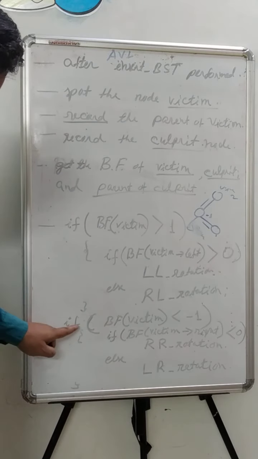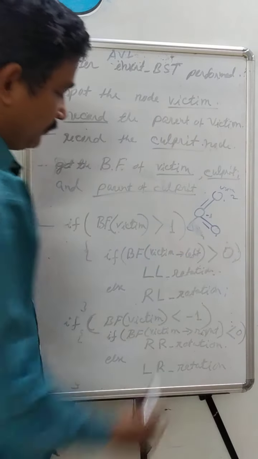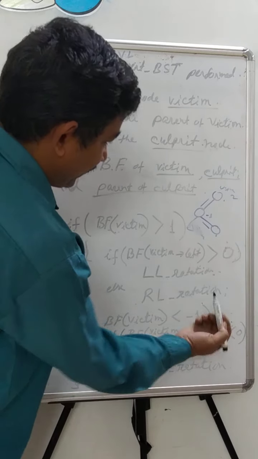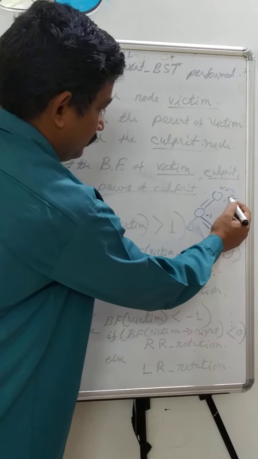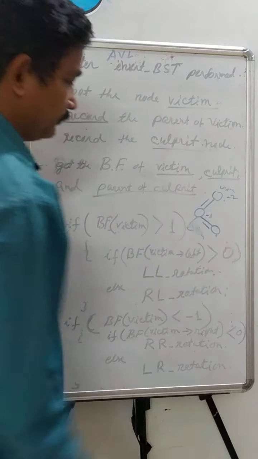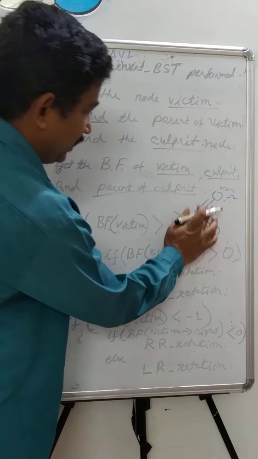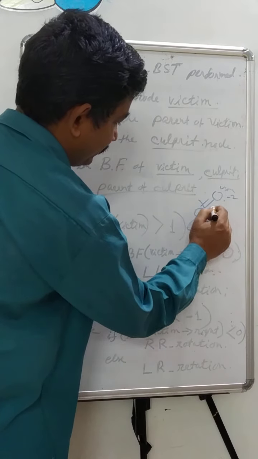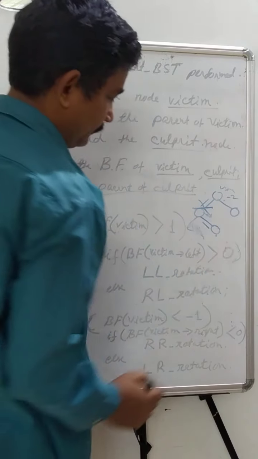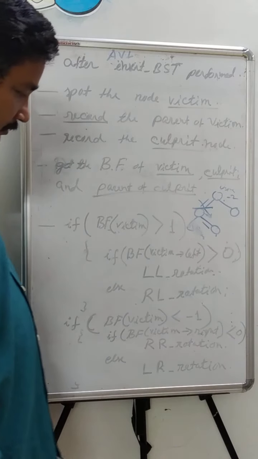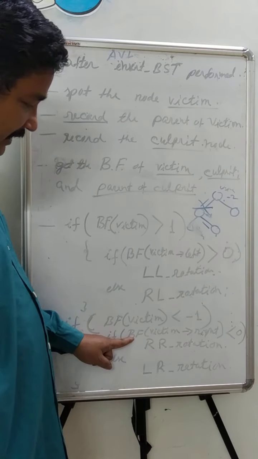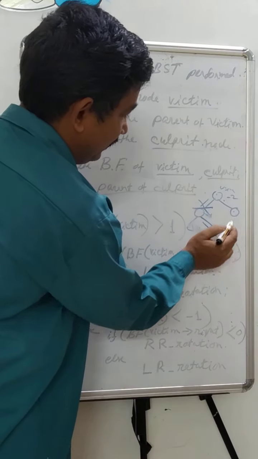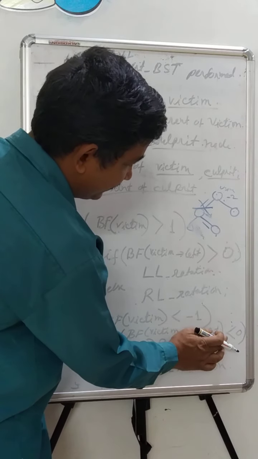Then if the balance factor of the victim node was less than -1, then it must be -2. So if it is -2, the subtree is longer in this side. So in that case, we will not come this side, we will have to go for this side. Then again we will check if the balance factor of the victim's right side is less than 0.